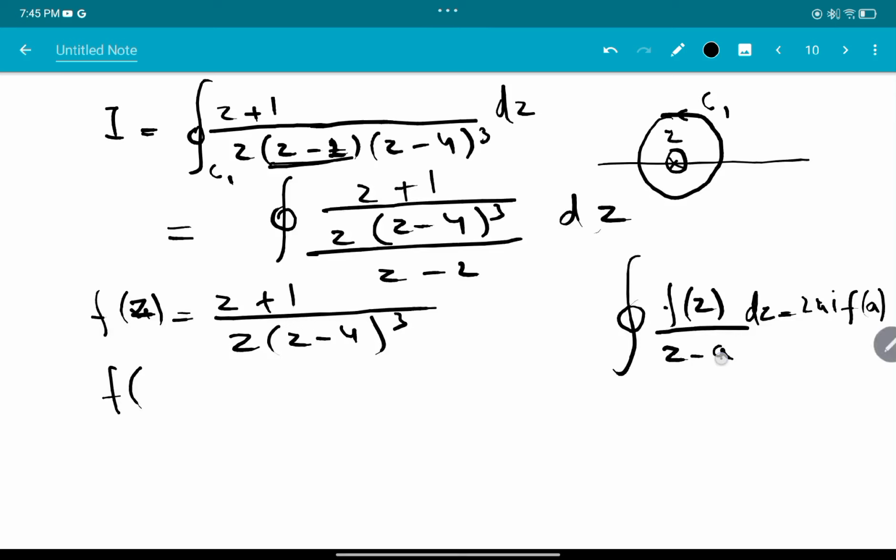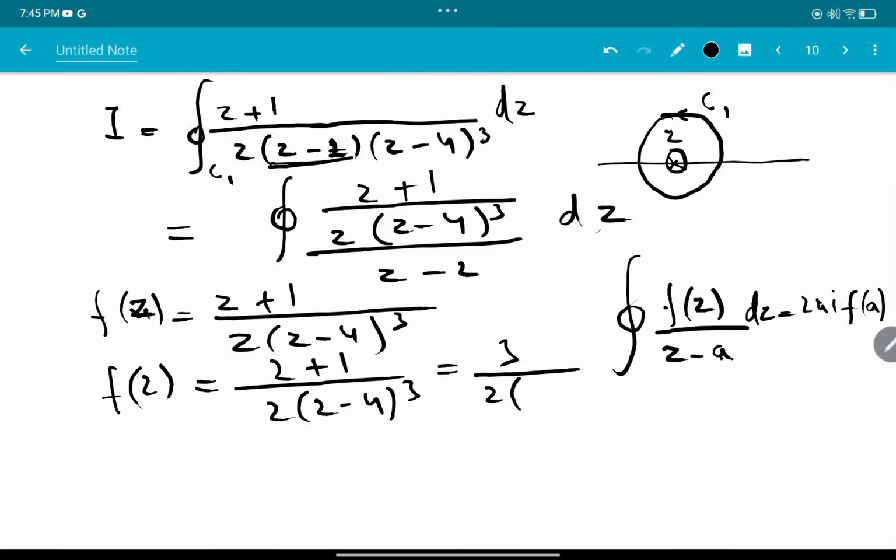What is the singularity? 2. That is f(2) is equal to (2 plus 1) divided by 2 into (2 minus 4) raised to 3, which is 3 divided by 2 into (minus 2) cubed. Minus 2 cubed is minus 8, so that is 3 divided by 16, minus 3 by 16. So f(2) is this.